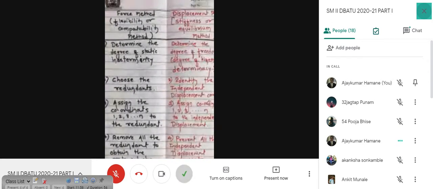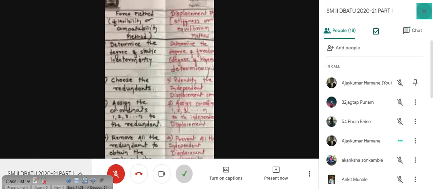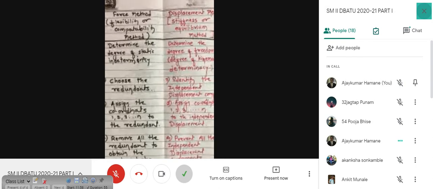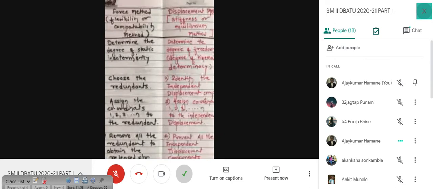That means in this one we are making a determinate structure by releasing all these things, and here we are making a fixed structure, a rigid structure.